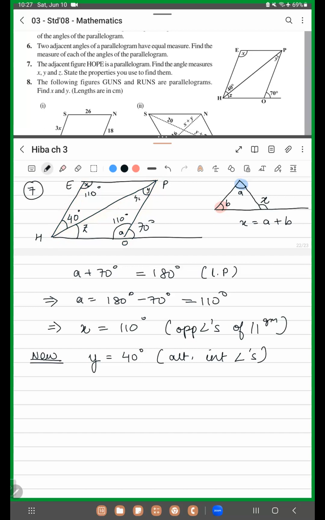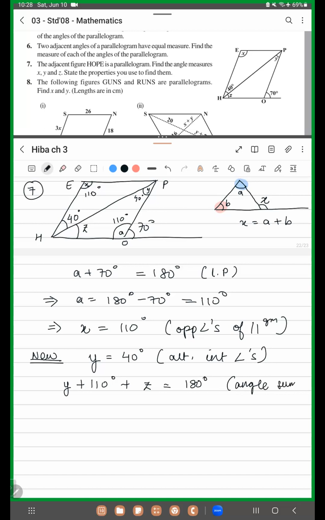Can we also say that Y plus 110 gives 180? Are you sure? Y plus 110 plus Z is 180, because that is a triangle. I mean, it is a parallelogram, right? So we can say Y is equal to 110.